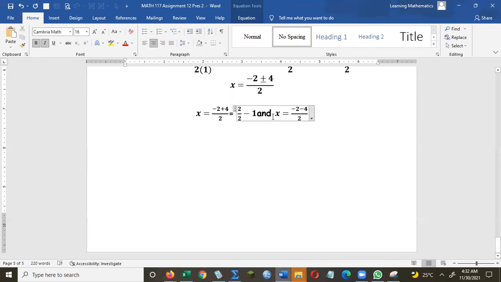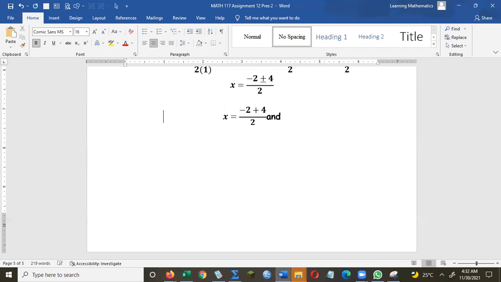So that's our first root. Let's write this properly.